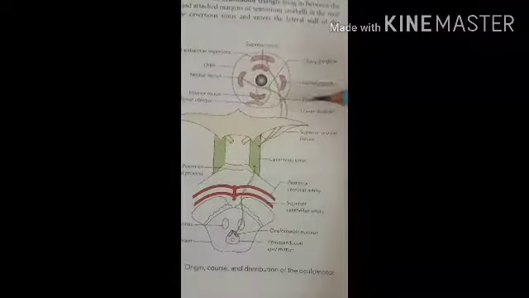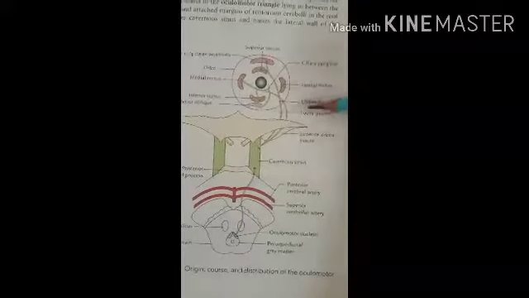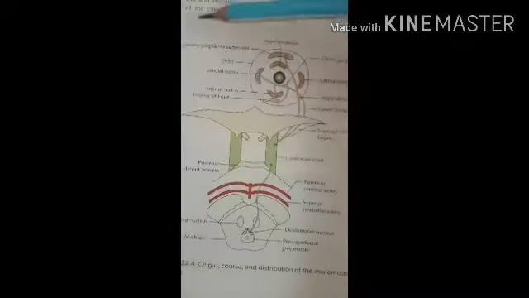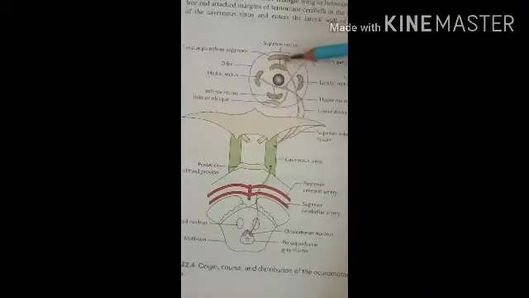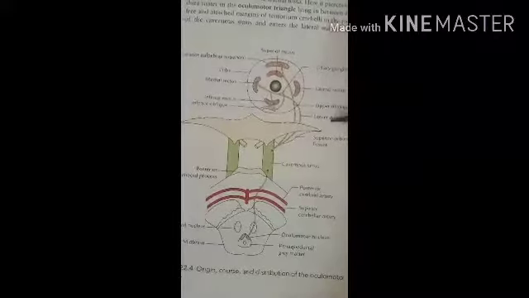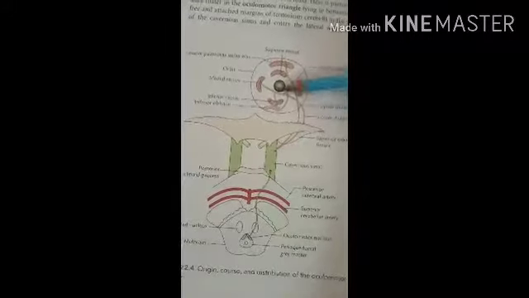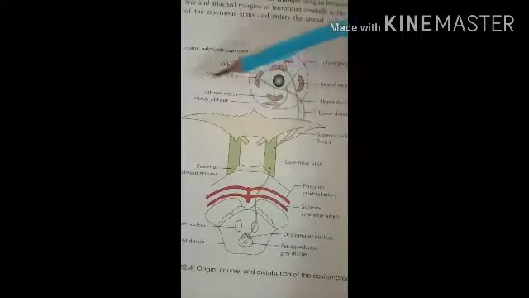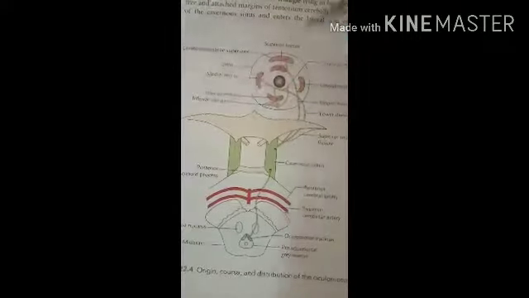The upper division, which is the small division, supplies the superior rectus muscle and the levator palpebrae superioris muscle. The lower division, which is the larger division, supplies the medial rectus muscle, inferior rectus muscle and the inferior oblique muscle.